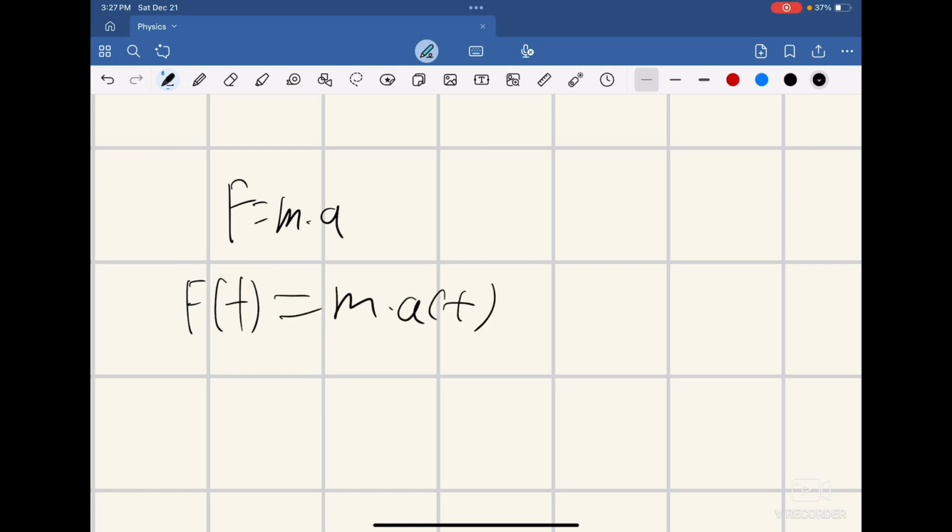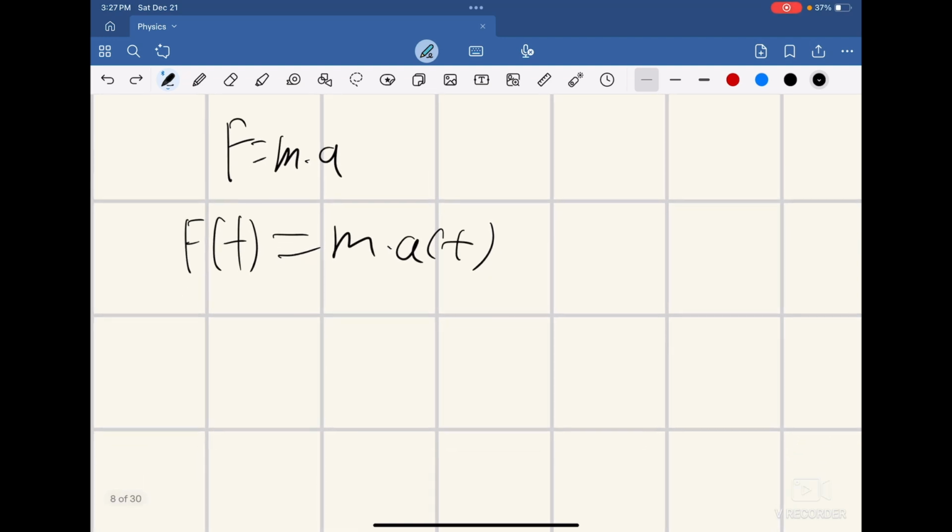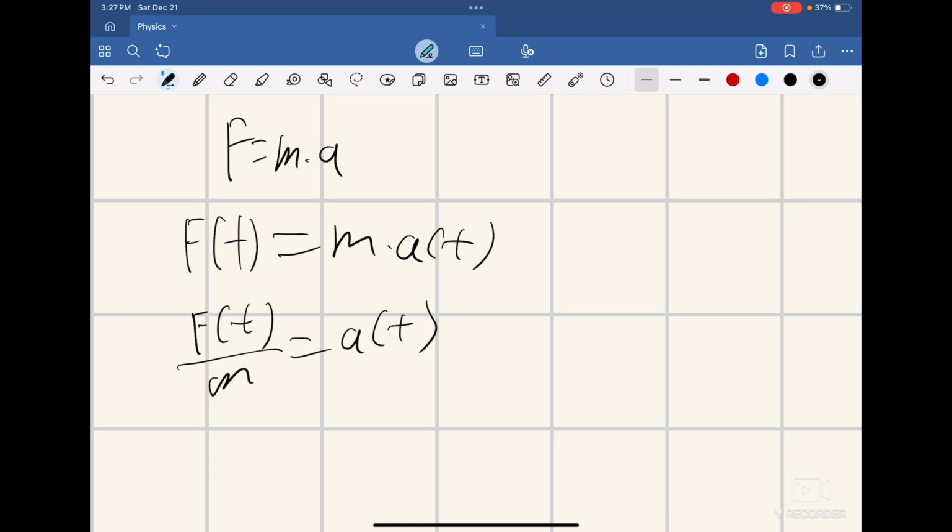The reason why a is the one with the variable is because m is a constant value, and a is already known to be dependent on time, right? So what we can do is just F(t) divided by m is equal to a of t, and that gives us the acceleration formula.